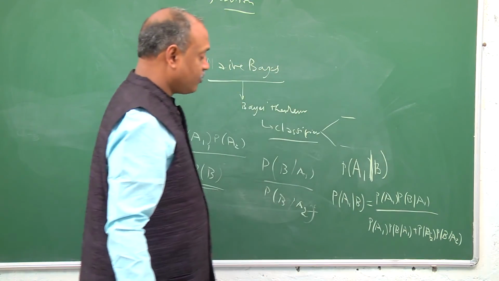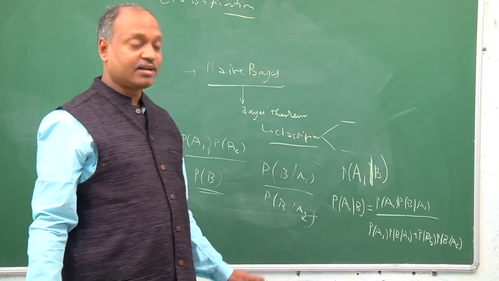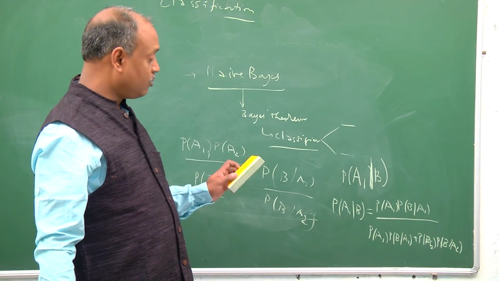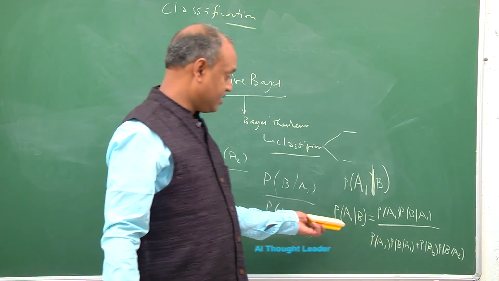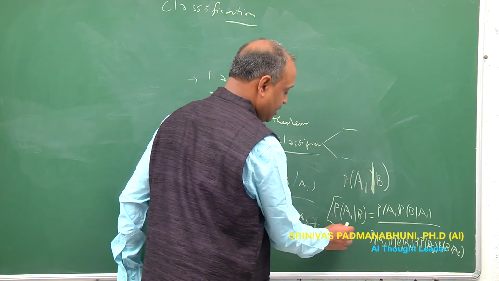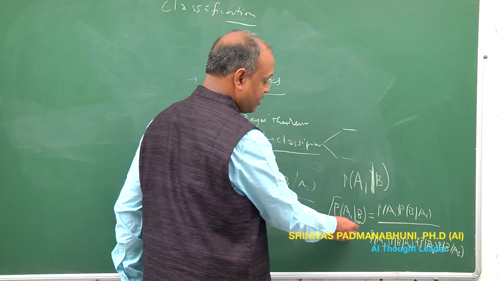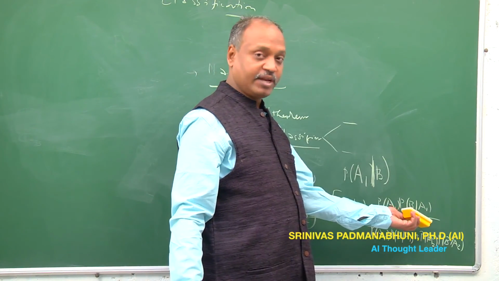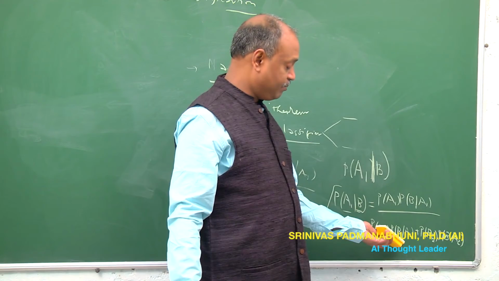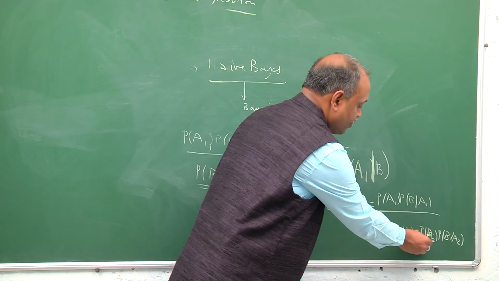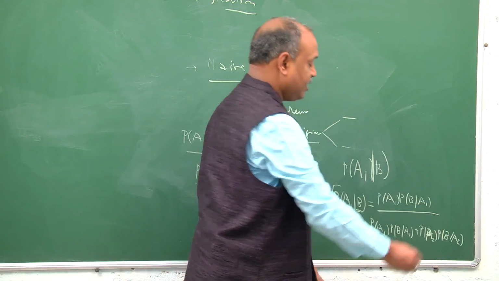So what we have found out is, if you know the fact that an event B has occurred because of A1 or A2, now we want to know the likelihood that it is caused by A1. Then Bayes' theorem allows you to compute the probability of A1 given B by saying that P of A1 times P of B given A1, divided by P of A1 times P of B given A1 plus P of A2 times P of B given A2.